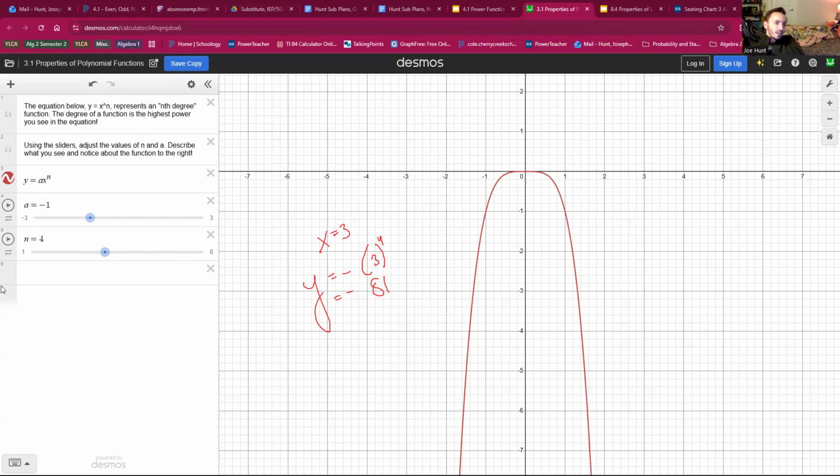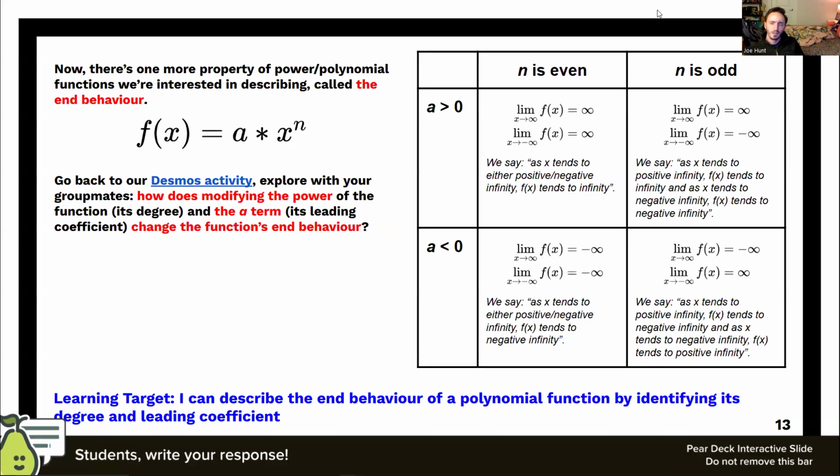So end behavior is probably the more familiar of the two behaviors that we've seen so far. I wanted to spend a little time and hit this first before we dive into the next part. As we collapse together all the things we've learned so far about power functions and some of their behaviors, you'll notice in our notes there's a table where we talk about two things with power functions.